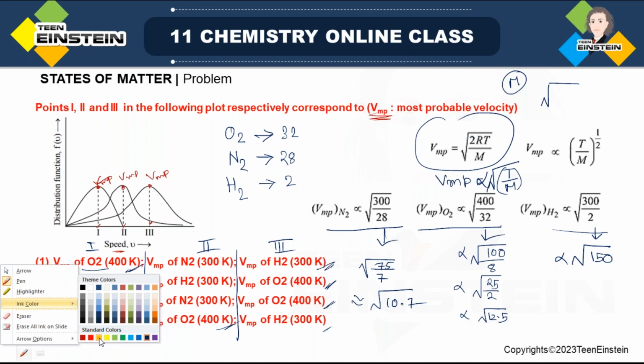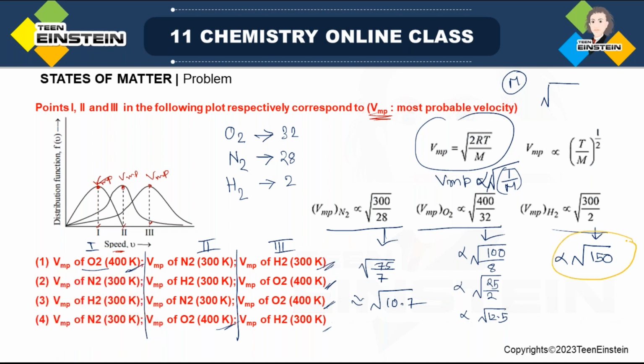You can conclude that root over 150 is max. This is obviously max. After that, this one, then this one. So first, VMP, which is 3, is max, then 2, then 1. So 3 should be for H2, the middle one should be for O2, and then the remaining one should be for N2.